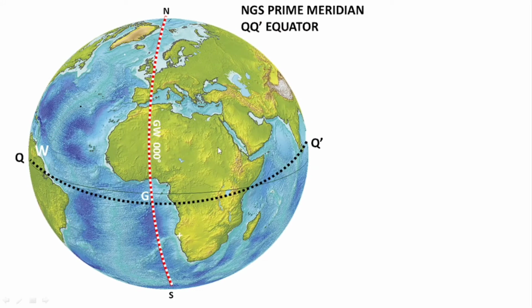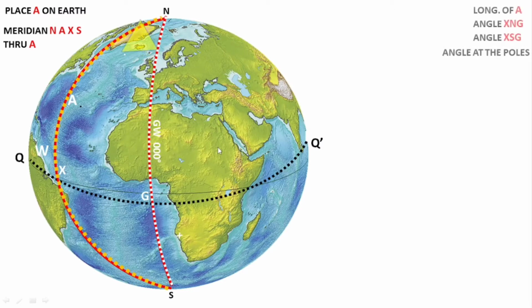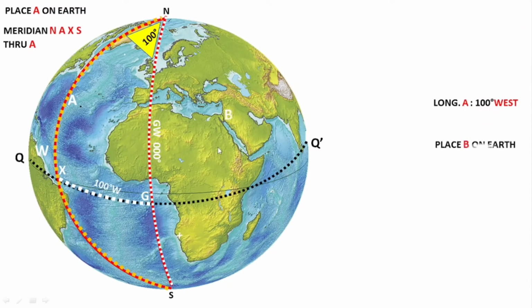Now I'm just taking another example of longitudes on either side of the Greenwich. A is on the west, and as we defined, it is the angle at the poles or the arc of the equator. And I'm taking up the arbitrary value of 100 degrees west.